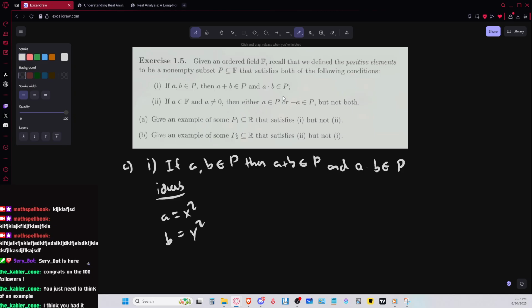I think once we understand how to answer A, we can understand B a little better. Let's see, I just want to write B so that we have a little bit done here.